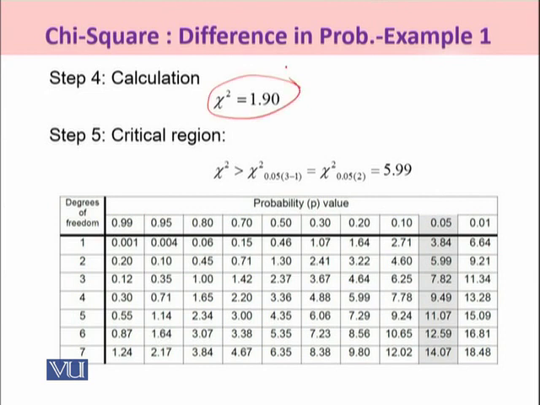In order to draw the inference, whether to reject or accept the null hypothesis, students, we require the critical region, that is the rejection region. So the rejection region would be chi-square greater than chi-square alpha with k minus 1 degrees of freedom. Students, as you can observe, here columns were given, that is, groups were given, which I will call k. So k is the total number of groups.